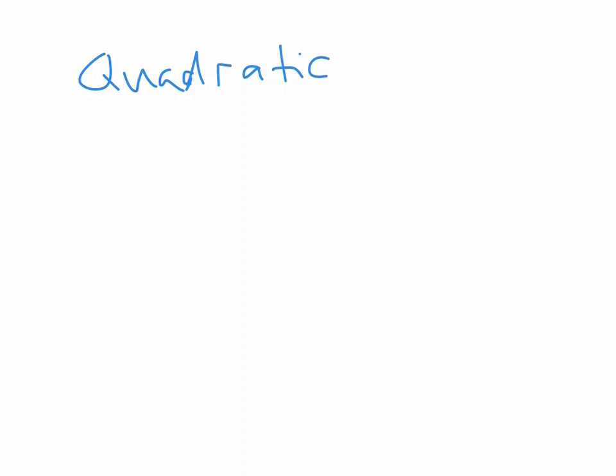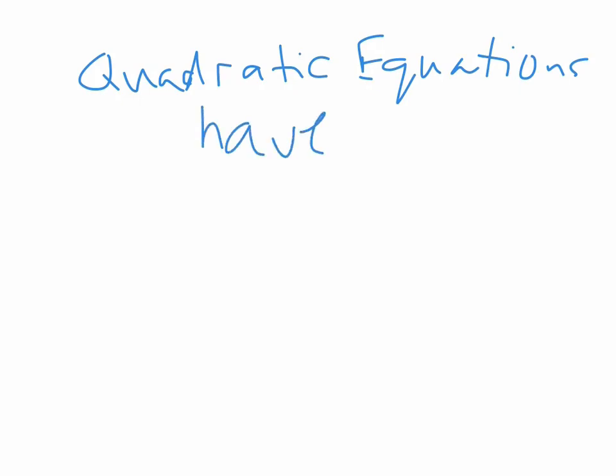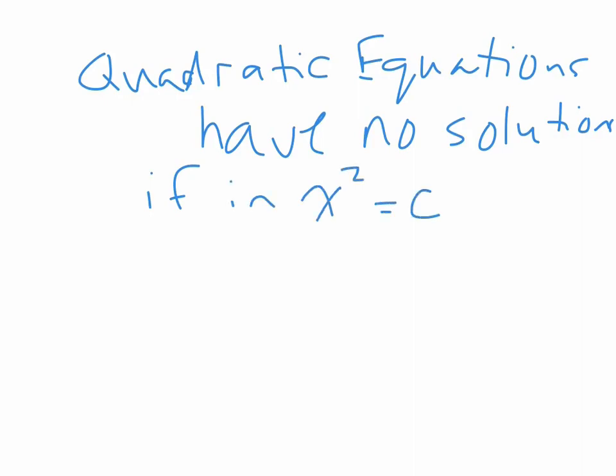Quadratic equations have no solutions if, in x squared equals c, c is less than 0. So if I give you a negative number, our quadratic will have no solution.